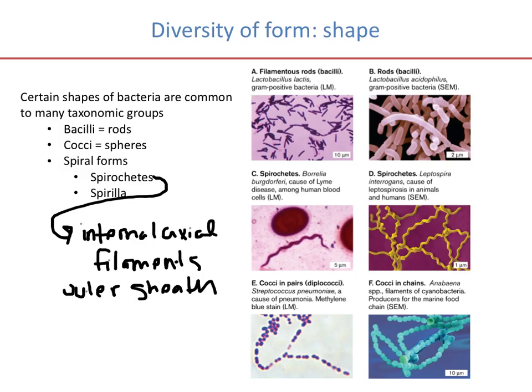And the other spiral form that bacteria take, Spirilla, are formed differently, and they're formed because of a wide, rigid spiral cell wall, similar to rod-shaped bacillus. So, I'll also write that down. Let me do it in a different color so that you can distinguish. So Spirilla, and that's a wide, rigid spiral cell.